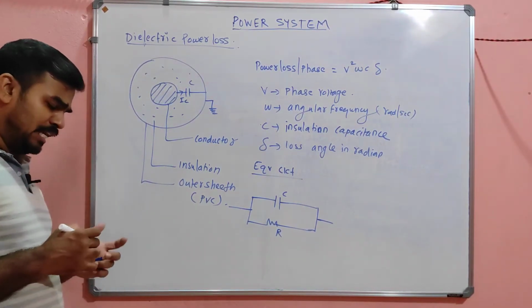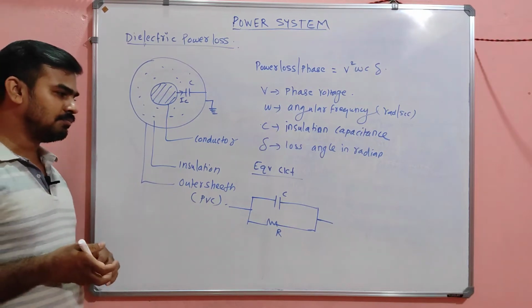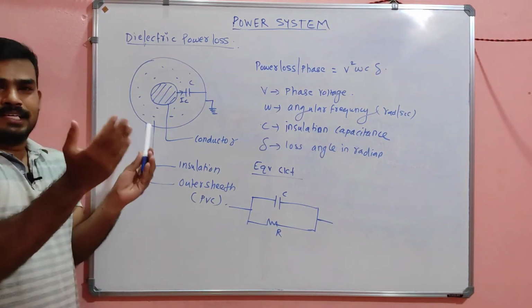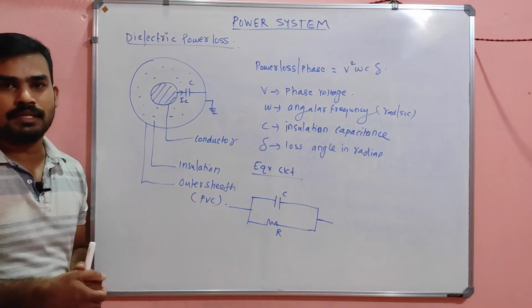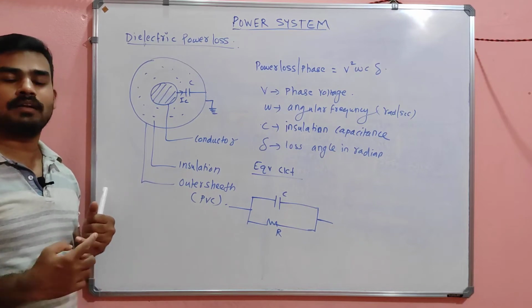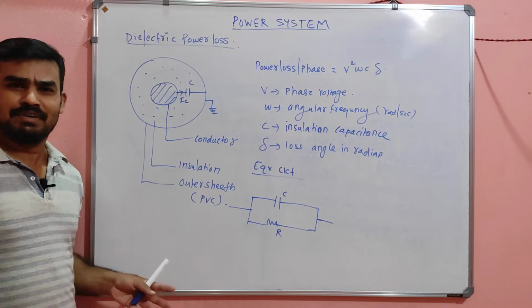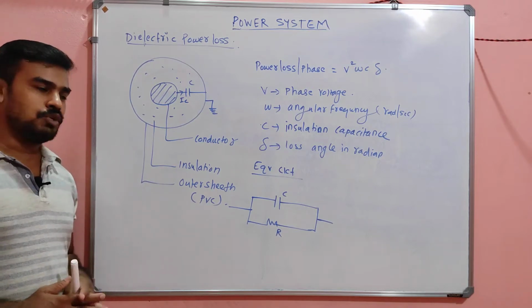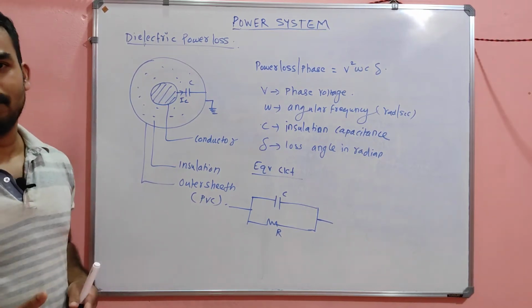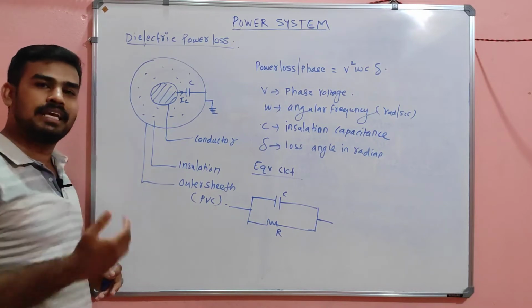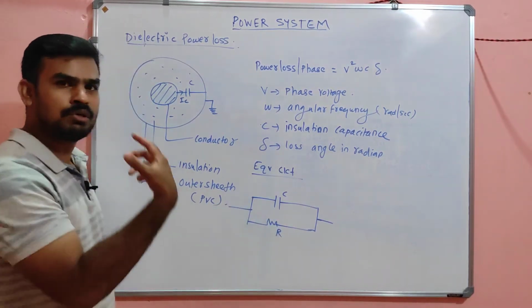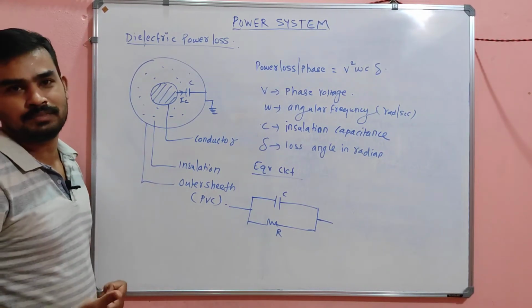See, in the overhead transmission line, we discussed the various types of equivalent circuit, considering R, L, C, conductance G, everything. Similarly, the underground cable has an equivalent circuit of simply an RC parallel combination.